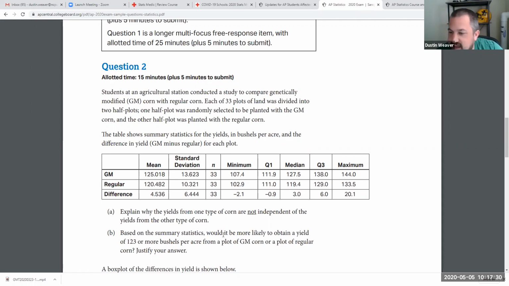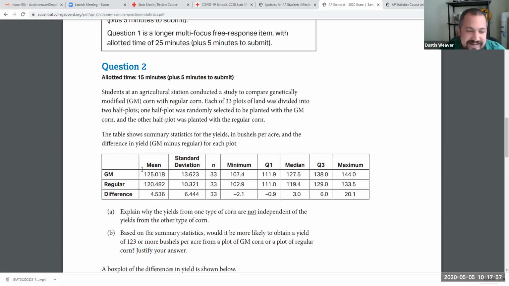Okay, and we say genetically modified. Victor's right. So he says genetically modified. Why, though? Based on these summary statistics here, what shows us that we would be more likely to get it from the genetically modified corn? What part of the summary statistics can we use to justify our answer?